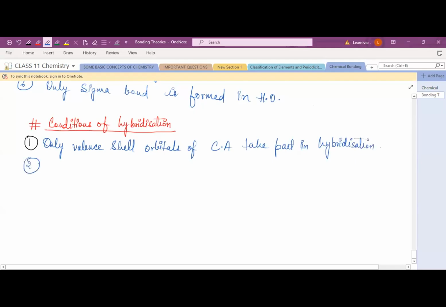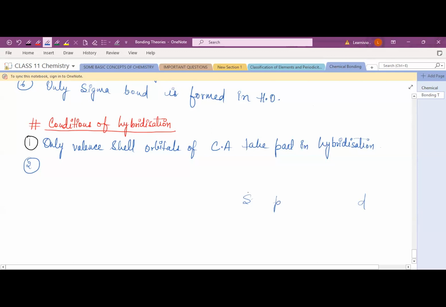Second condition. Suppose we have atomic orbitals s and p. The difference in energy of the atomic orbitals should be very small, not large. Suppose we have an s orbital and a d orbital. They don't intermix with each other to create a hybrid orbital. So s will intermix with p because the energy difference between s and p orbitals is small.